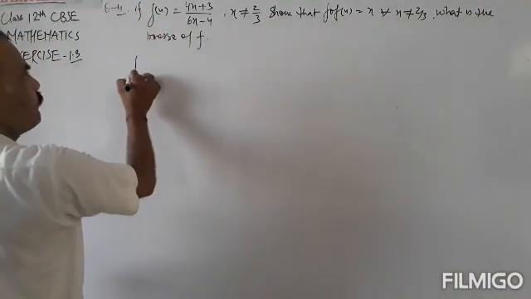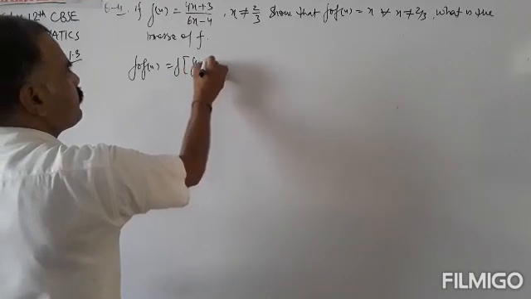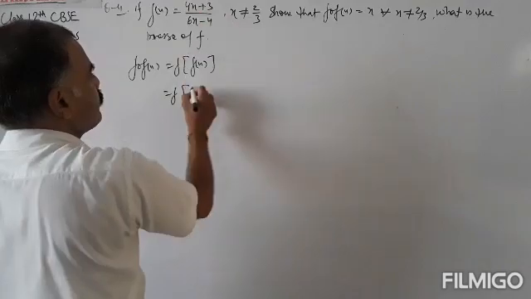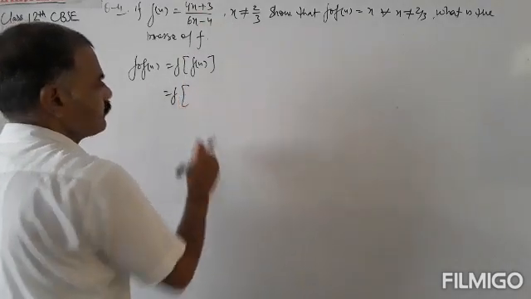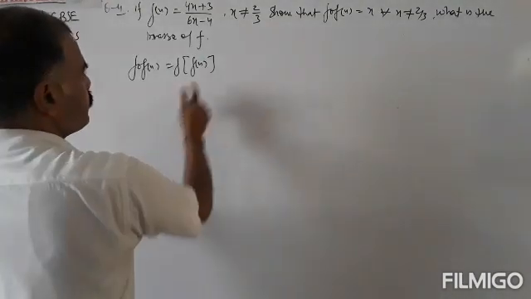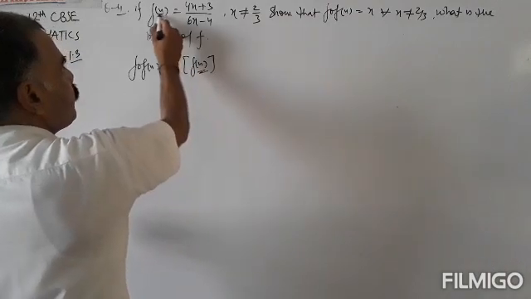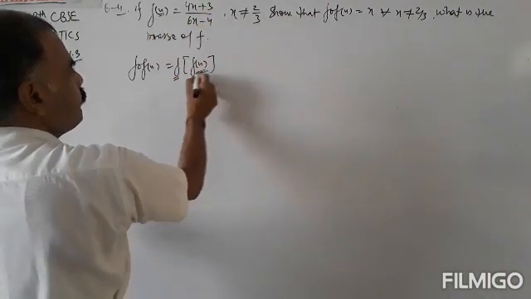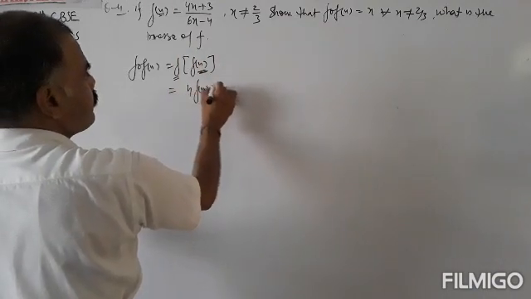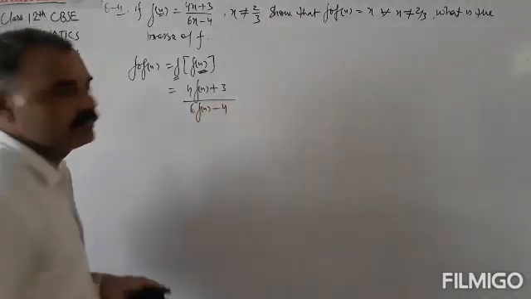Firstly we have to find f of f of x, that is, function of function x. This can be written as: x is an element and f is the function, and the image of x under f is this. So the image of f(x) under f is 4 into f(x) plus 3 upon 6 into f(x) minus 4.